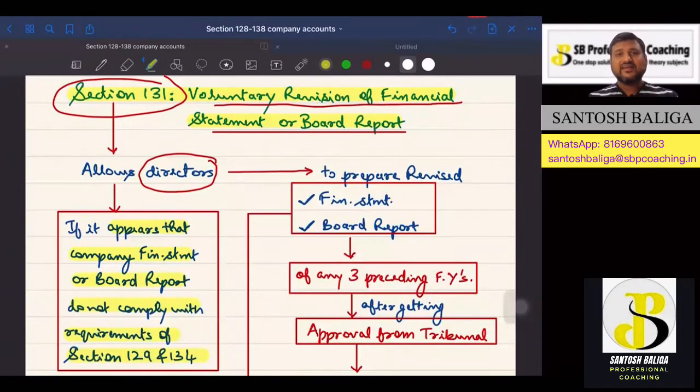If you recollect, section 129 speaks about the provisions for financial statement, and section 134 has the provisions for the board's report, that is, the director's report.